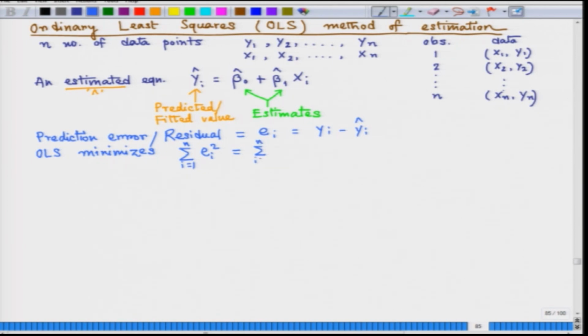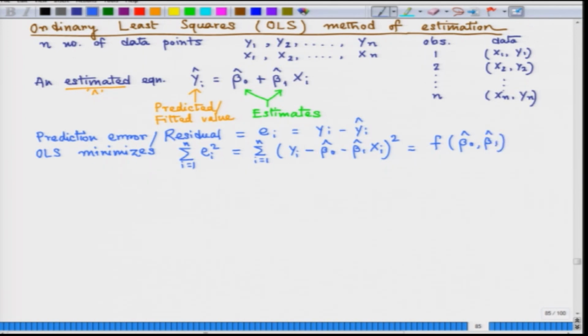So, we can now write it out. What we see is that the sum of squared residuals is a function of the unknown entities, beta naught hat and beta 1 hat.